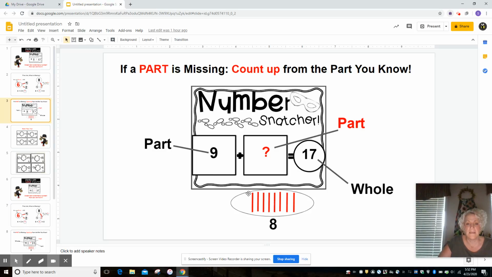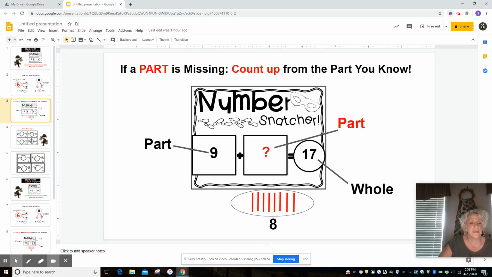So I did 9, 10, 11, 12, 13, 14, 15, 16, 17. Then you count how much it took you. If I go back and count them, 1, 2, 3, 4, 5, 6, 7, 8. So my missing part right here is 8.